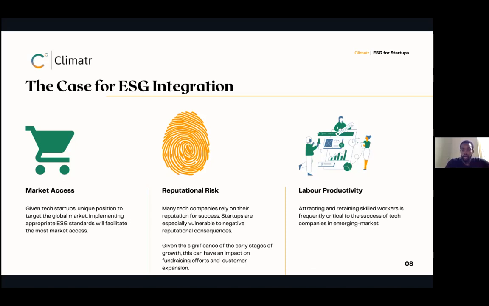Things like labor productivity are also a very important positive factor that ESG integration brings for you as a startup. You're able to attract and retain skilled workers. The rationale is this: globally, when you look at the workforce, a large component of that workforce is made up of Gen Zs and millennials. And when it comes to being actively concerned about the climate and advocating for climate change and the likes, this category of individuals also makes up a huge part of that.